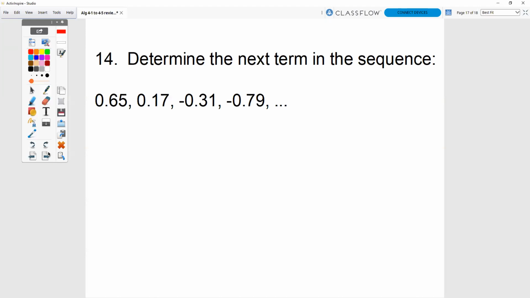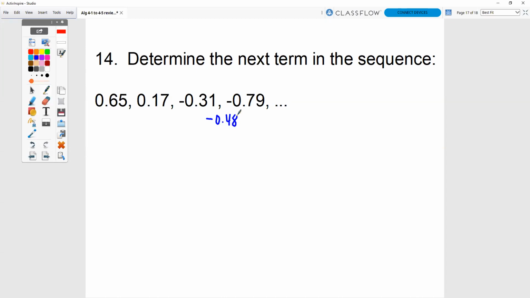In question number 14, determine the next term in the sequence. Again, you have to figure out, is it arithmetic or geometric first? If it is arithmetic, we would be adding by the same amount each time. I can see that these numbers are pretty close, so we might be adding or subtracting by the same number each time. You could figure out geometric by dividing going backwards. I'm going to subtract going backwards. Negative 0.79 minus negative 0.31 is negative 0.48.